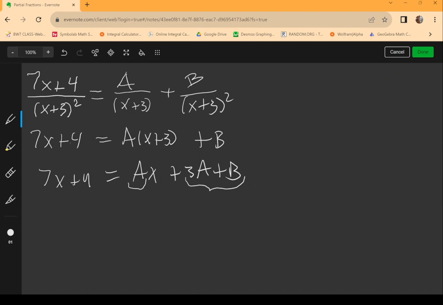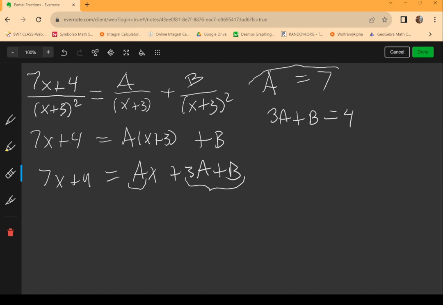So here we would have a is equal to 7. Excuse me, a little sloppy here. Here we have a is equal to 7, and we get 3a plus b equals 4.